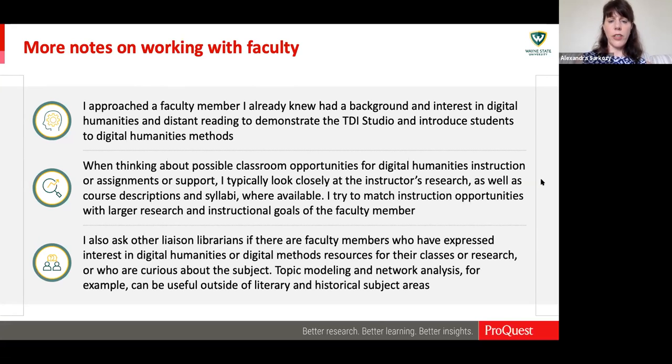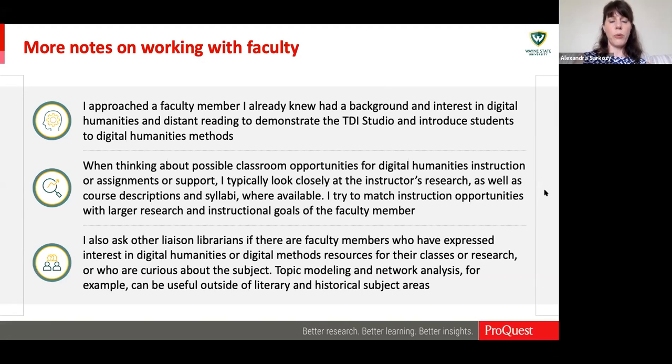Not all faculty have time in their semester for this, but my initial approach was with Dr. Maruka because I knew that she was interested in this as a research method and as something that she wanted students exposed to. And this was a great way to bring really cool visualizations and understanding to the students in her classroom.